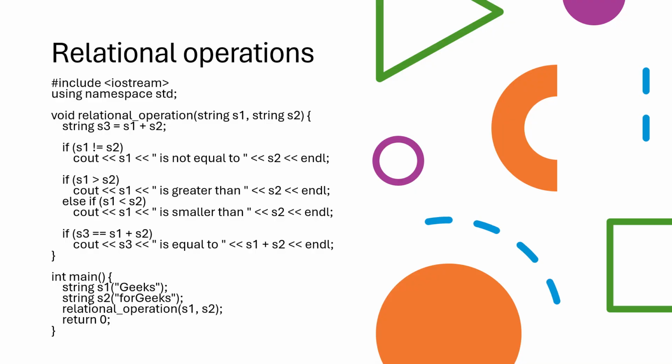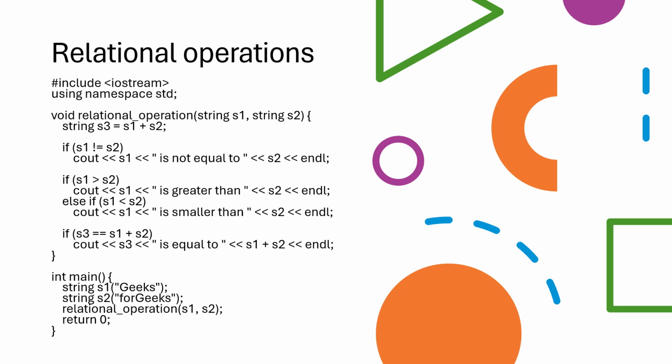And we have a simple example using the relational operation. First, hash include the header file, using namespace, void relational operation. We are going to take two strings, string s1 comma string s2. We are going to add s1 plus s2 and store the result in s3.